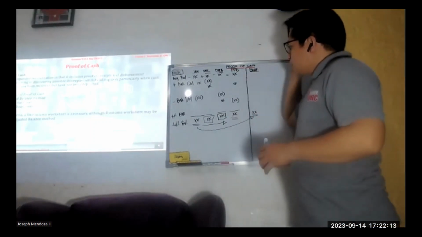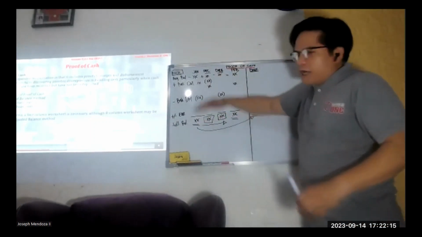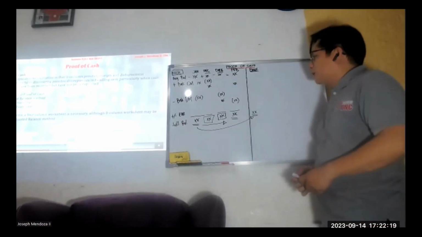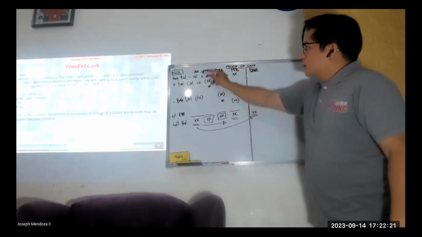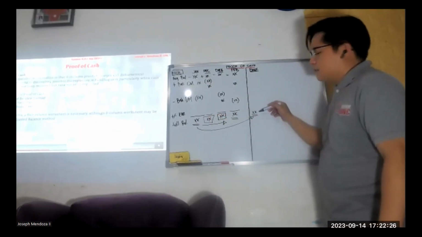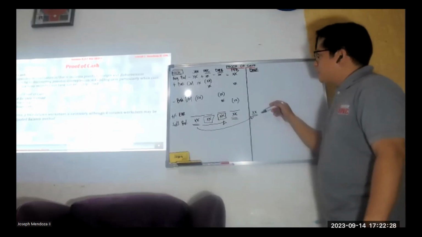Anyway, sige. So, nakukuha natin yung sa book. Nabalikan ko lang, na-lesson na natin to. And this one, this January beginning balance, adjusted balance would be the same as the bank balance. Ganun din yan.